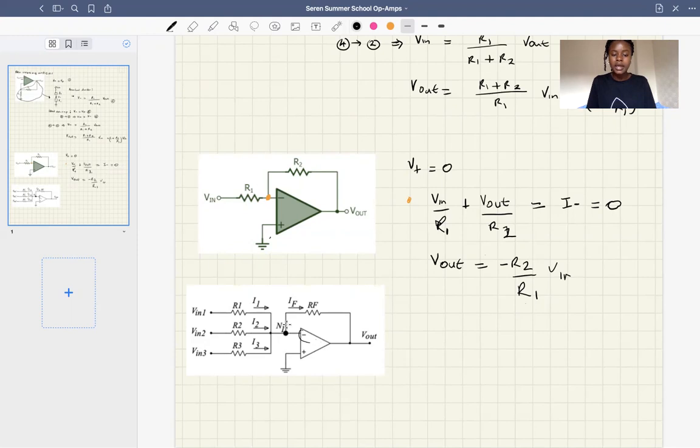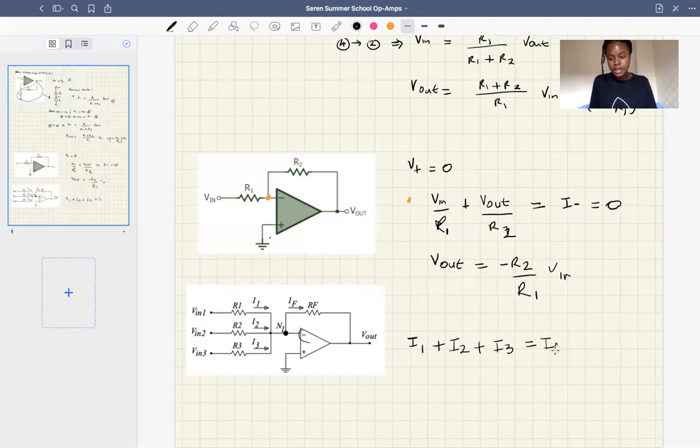So if we apply Kirchhoff's current law, we can write that I1 plus I2 plus I3 is equal to IF.